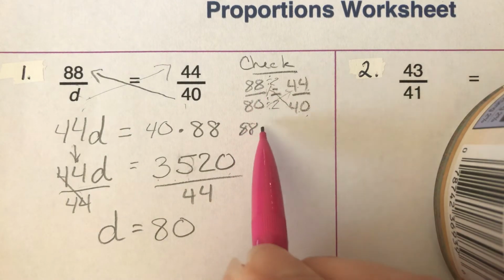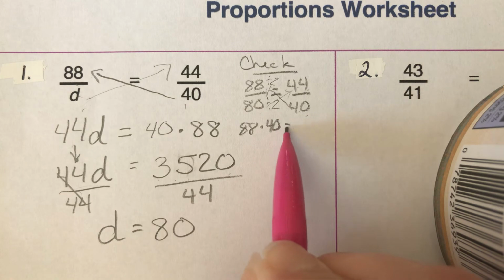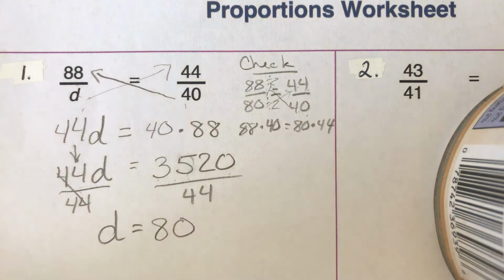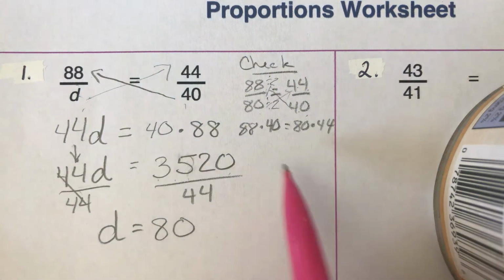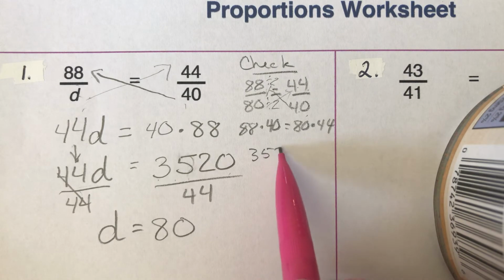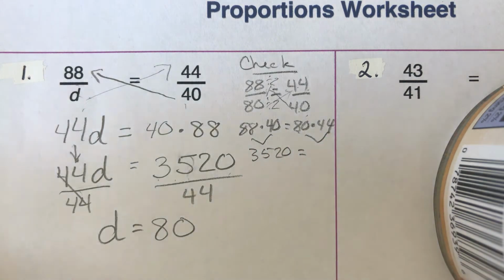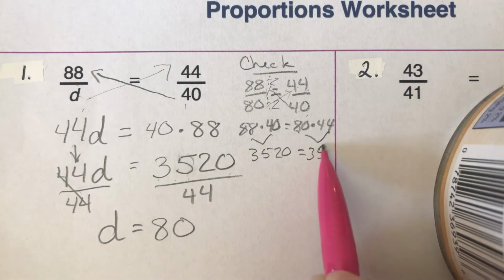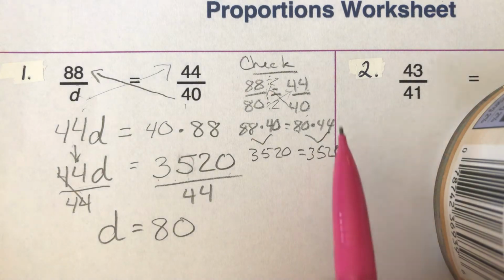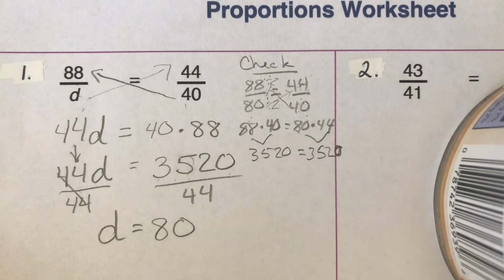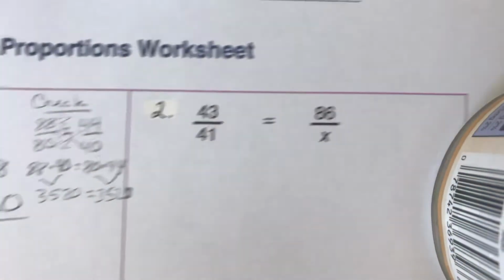We want to see if 88 times 40 is equal to 80 times 44. 88 times 40, on my calculator, is 3,520. And 80 times 44 is 3,520. So when we plug them back in, these match. These are what we call cross products. Okay, so cross multiplication. Let's move on to number 2.